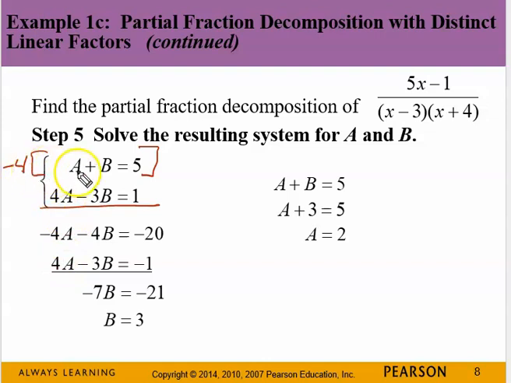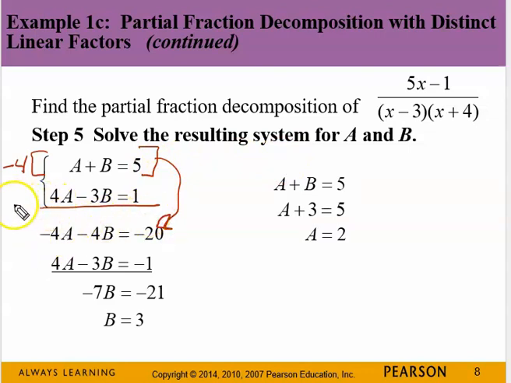So -4 times a is -4a. -4 times a positive b is -4b. And -4 times 5 is -20. So there's where our second line is. I would have put it out this way, but that's okay.